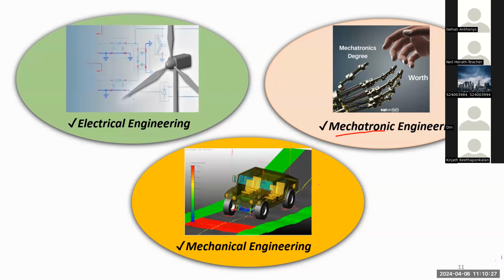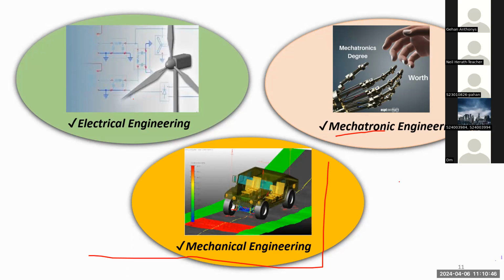And in mechanical engineering, how can we construct a vehicle in a good way, with the normal smooth construction of roads and whatever. So I mentioned only six engineering fields, but there are some other engineering fields.